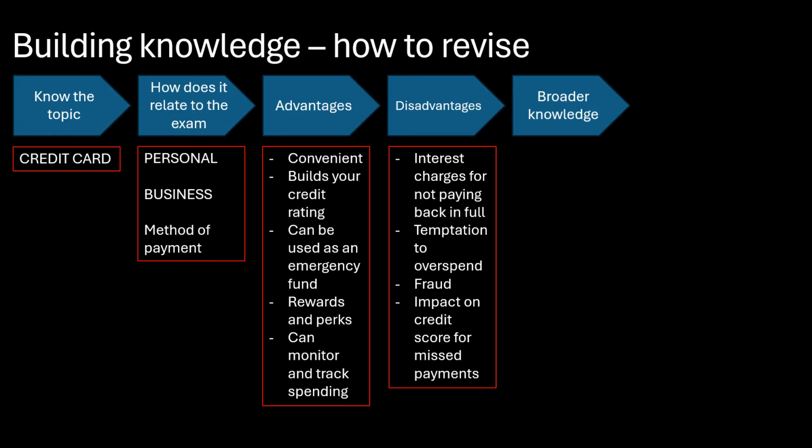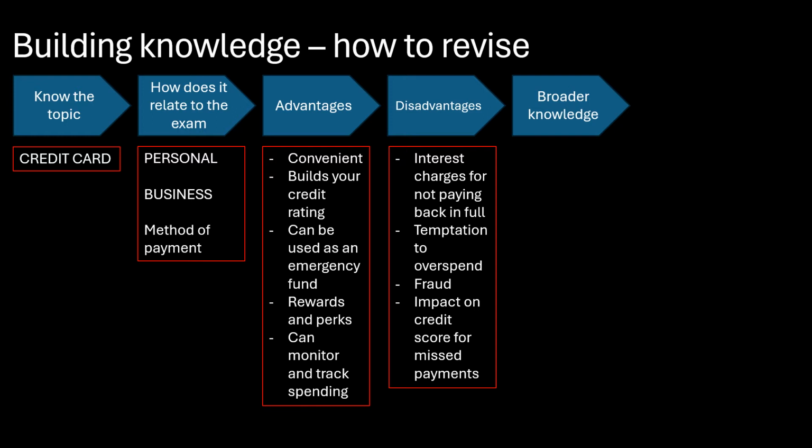Disadvantages then, some here. Interest charges for not paying back in full. So if you don't pay back your credit card each month in full and you only pay back a percentage, which is perfectly allowable, you will pay interest if you leave a balance outstanding. There's a temptation with credit cards to overspend. If you've got a credit card with a £1,000 credit limit on it, there is a temptation to start buying things without thinking about when and how you're going to pay that back.